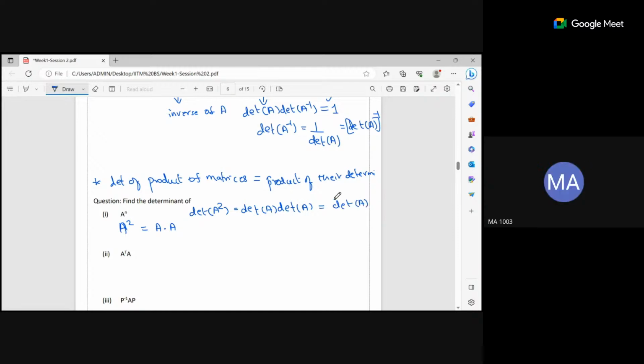The same way, A cube you can write as A squared into A. You already know the determinant of A squared, so determinant of A cube is determinant of A squared into determinant of A, which is determinant of A, the whole cube. So in general, determinant of A power n is determinant of A, the whole power n.